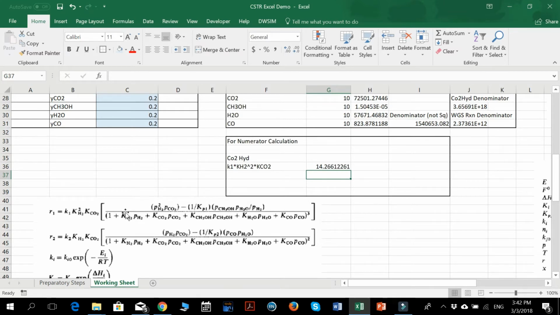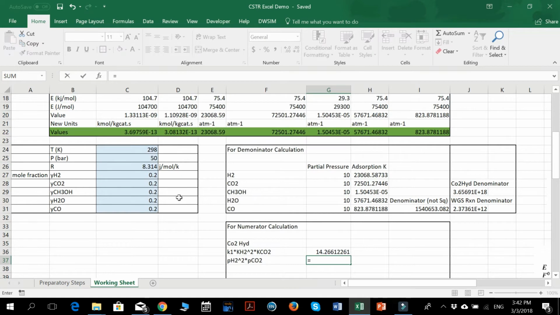Now we want this second term, which is pH2 squared PCO2. So pH2, partial pressure of H2 squared times PCO2, which is this.